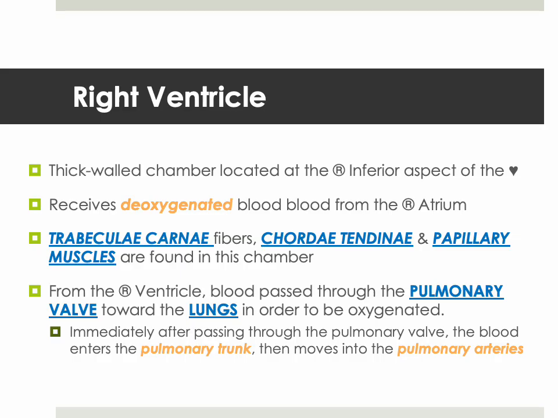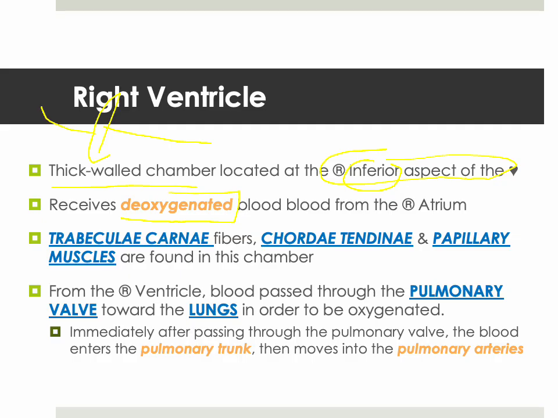All right, so the right ventricle, as I said, is thick walled, located at the right piece of the heart, inferiorly, and the blood is going to come from the right atrium through the atrioventricular valve to the right ventricle, and all this blood, since it's coming from the body to the heart, is going to be deoxygenated.